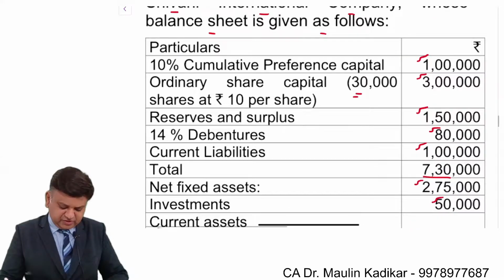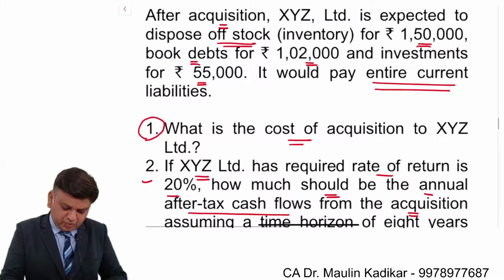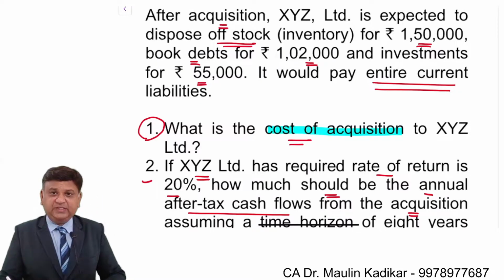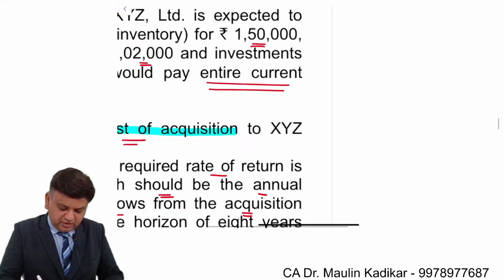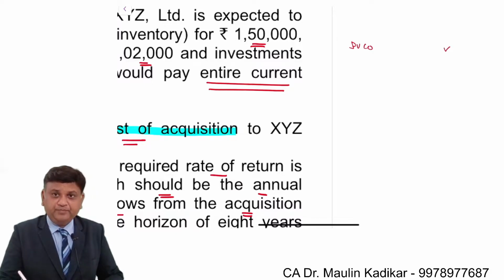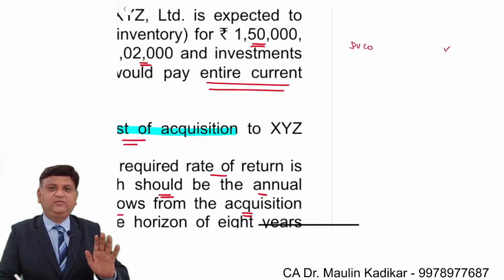Now friends, the first part of the question says you are required to compute the cost of acquisition. What does it mean, friends? It means we are required to calculate the present value of the cash outflow, and the same will be compared with the immediate cash inflow.